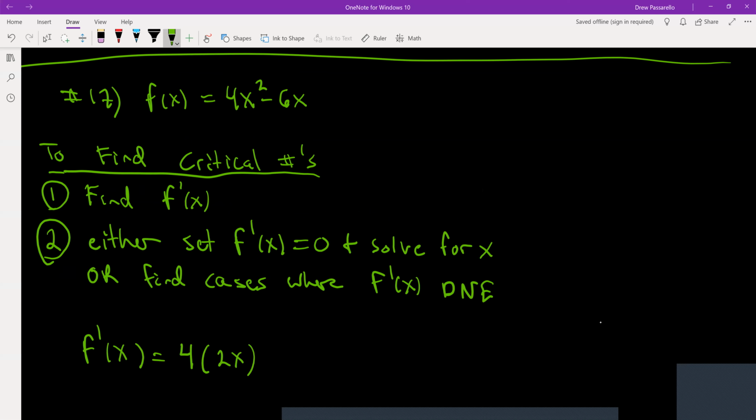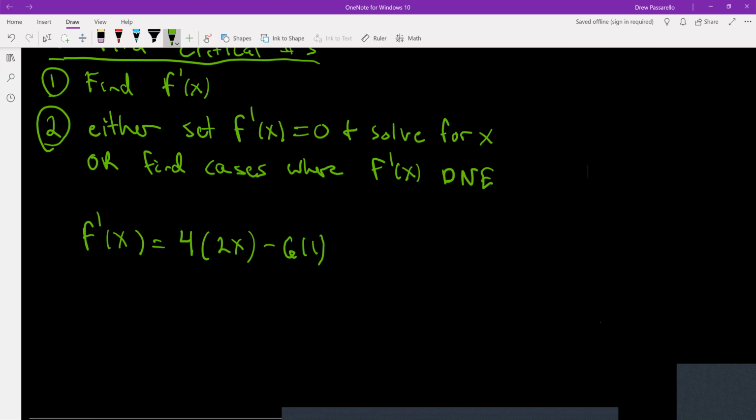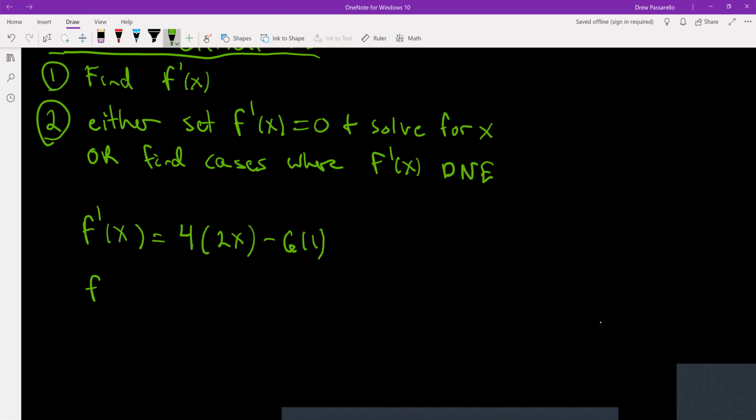So it'd be 4 times 2x based on the power rule. And then minus 6x, the derivative of that is going to be minus 6 times 1, since the derivative of x is 1. So the first derivative is equal to 8x minus 6.